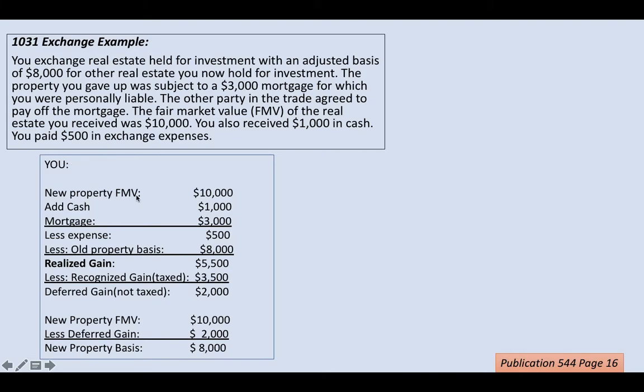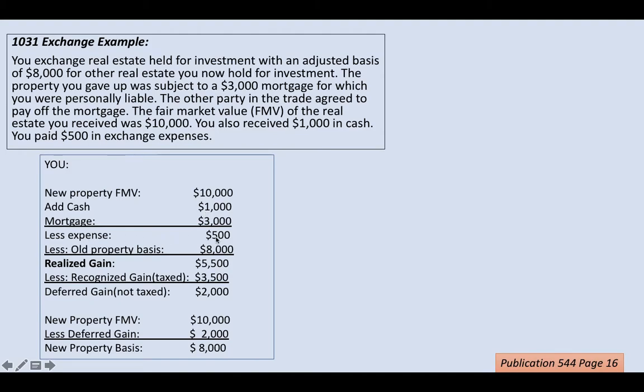You receive the new property, the fair market value is $10,000. You receive $1,000 cash. Your mortgage was assumed by the other party, which means it's cash received by you, equal to receiving cash of $3,000. This is the amount you received, right? It's $14,000 you received.